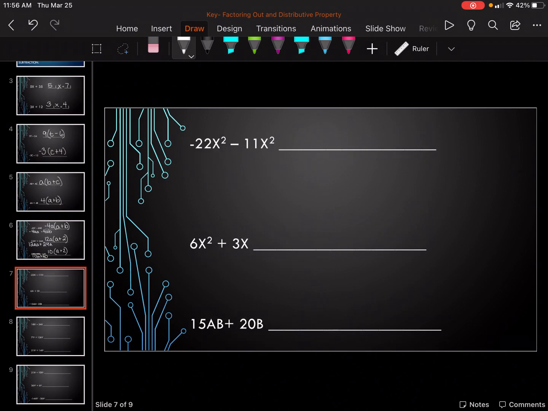Okay, here we can factor out negative 11x squared. What would we have left? Well, 11x squared times what? Times 2. Ooh, actually this one, I'm going to change it from the original on yours. So that is going to be a 3. So then what would we have left would be an x.